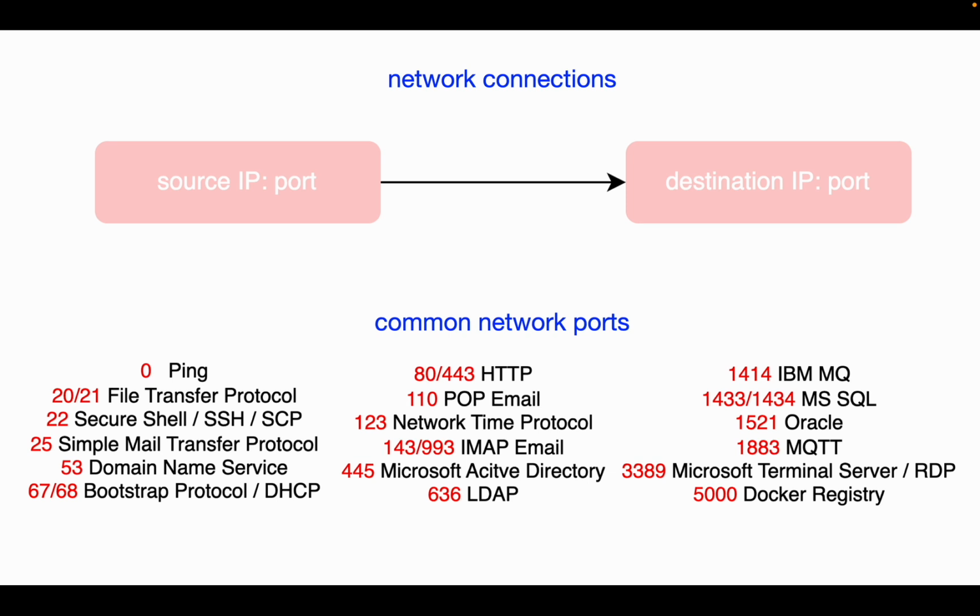So in a network connection, the TCP/IP packet has a source IP and port, and a destination IP and port. What we're typically concerned about is the destination IP and port. And we use DNS names like www.cnn.com or bbc.co.uk.